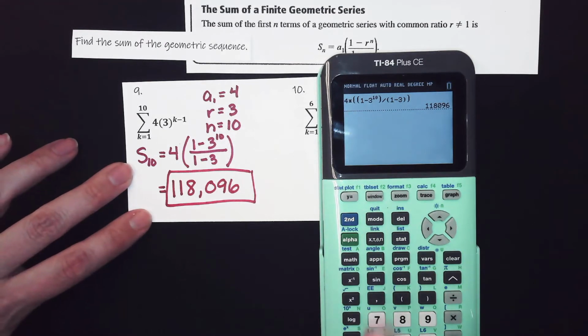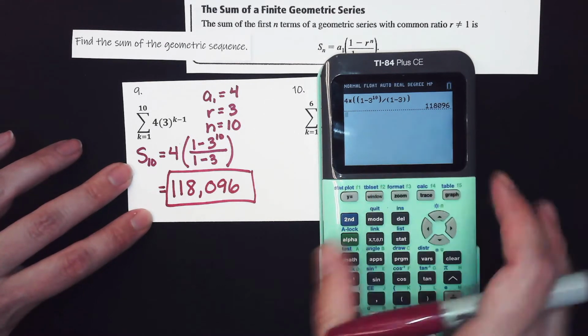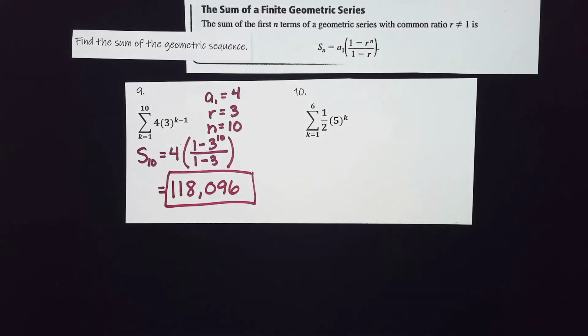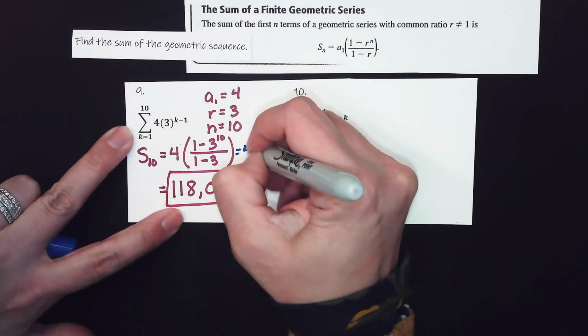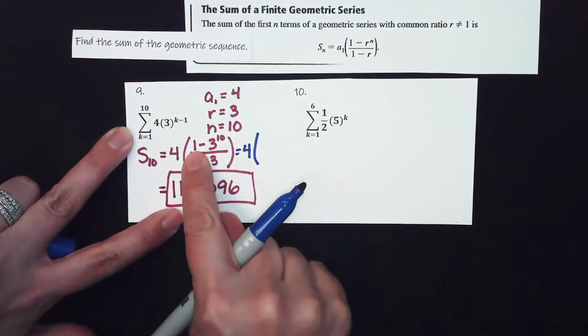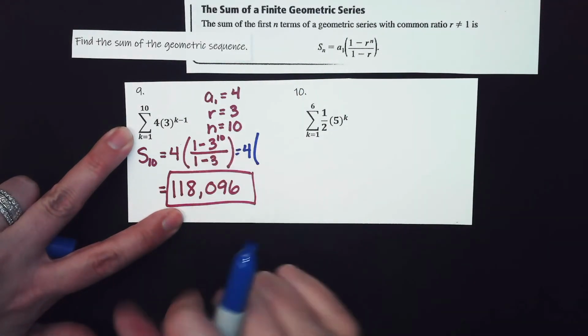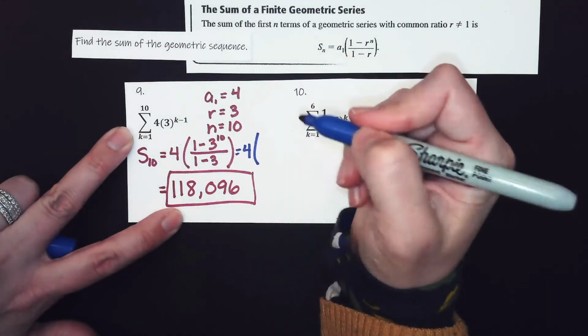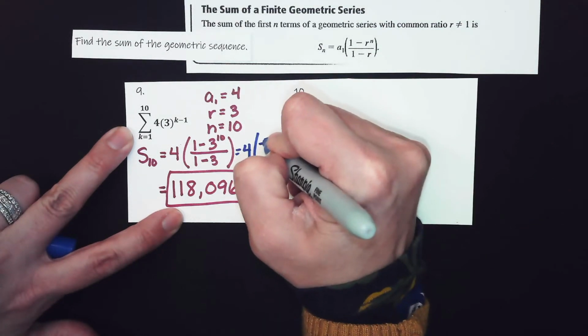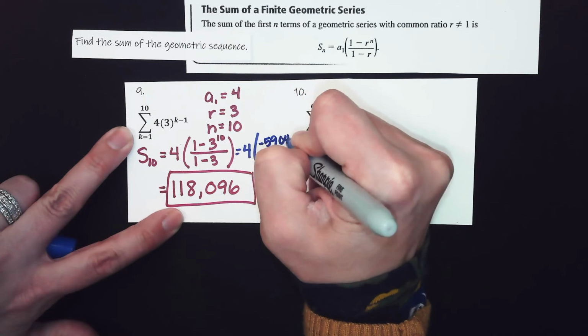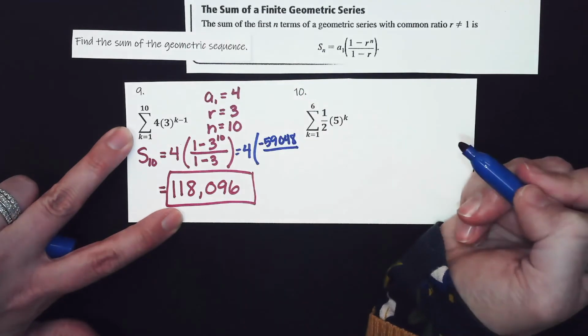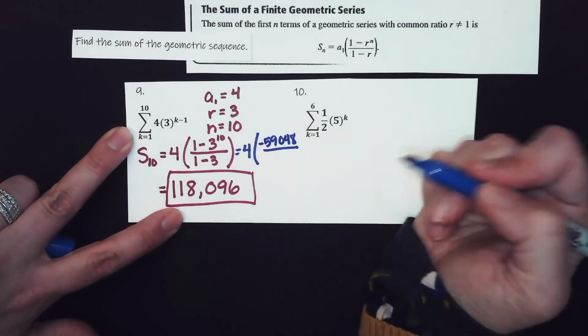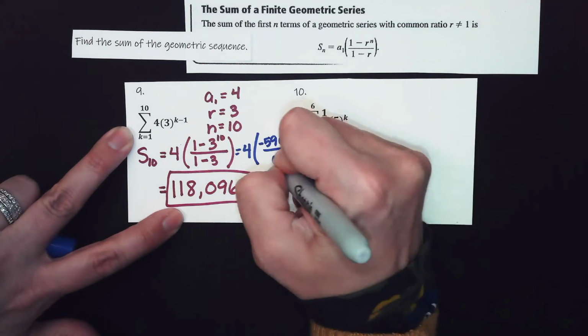Okay? So that's the tricky part of putting it in the calculator. If you just did part of it at a time, it might come out a little easier. We would know this is 4 times, and if I just put 1 minus 3 to the 10th in the calculator, I get negative 59,048, and then 1 minus 3 is negative 2.